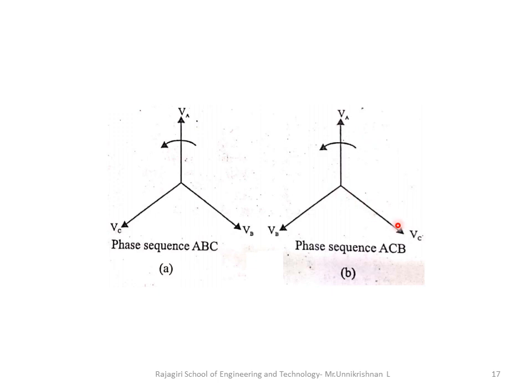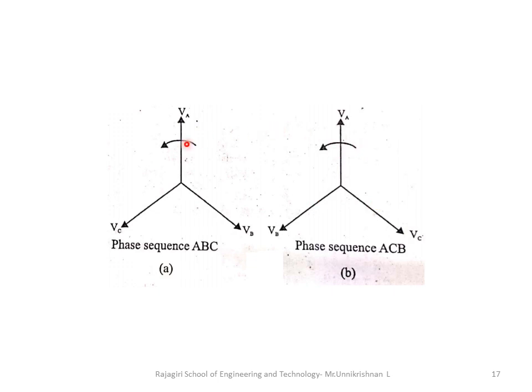So we are interchanging the connection at the output of the slip rings, or you can interchange the positions of coil B and coil C manually. Either you can interchange the output connection at the slip ring, the way you were already connecting it in star and delta, so in that connection you can interchange the C and B connection, or you can manually interchange the position of the coils. Two ways you can interchange the phase sequence.